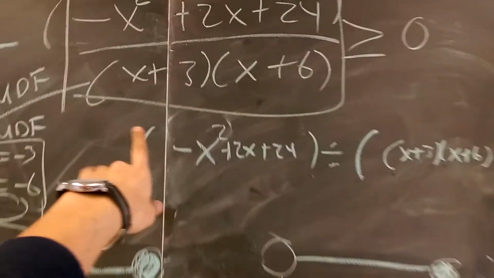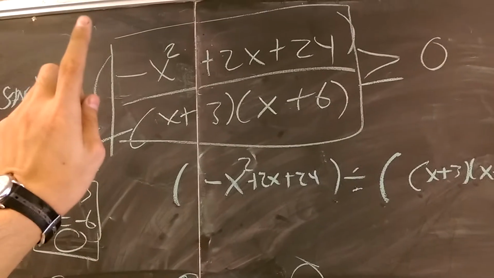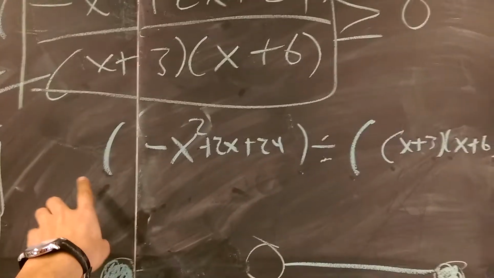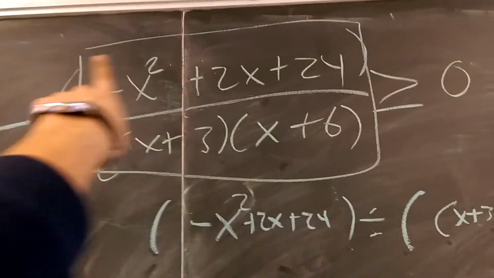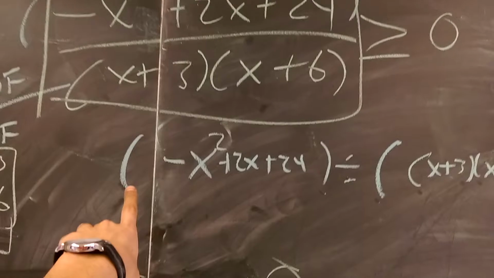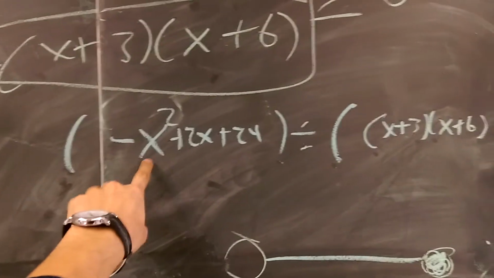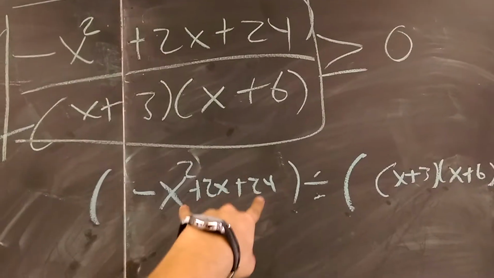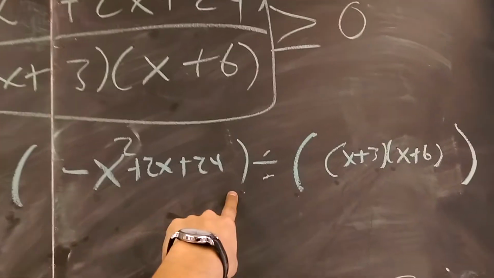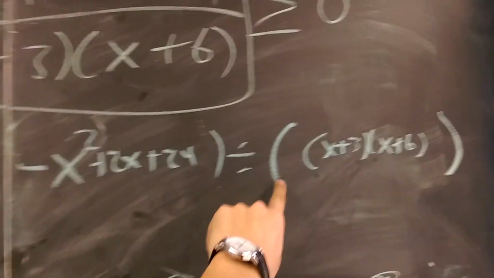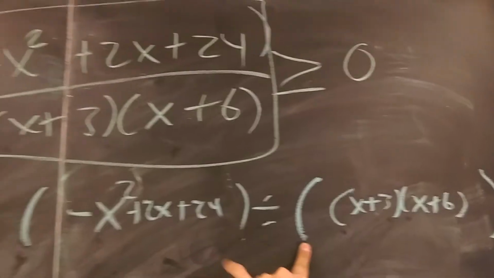To do this, again, you must use parentheses. This is exactly what I entered in the calculator: parentheses, negative x squared plus 2x plus 24, close the parentheses. Divided by, open parentheses. You see the denominator here?